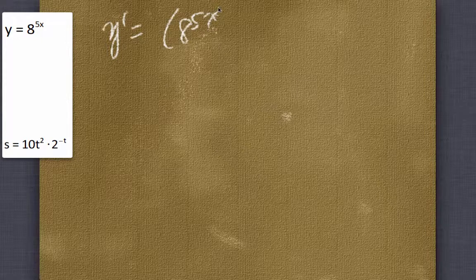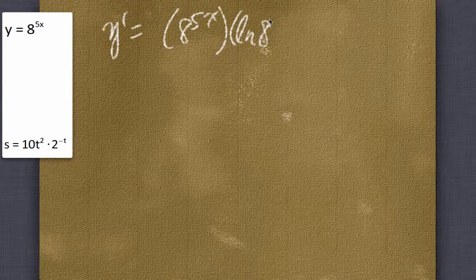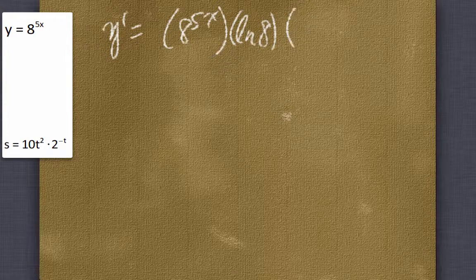Okay, so just like before, I'm going to start out writing down y prime is, I'm going to write down what I see. But now I have just two things. I have one that I need to do a natural log 8 because the base is different from e, and then the derivative of the power.